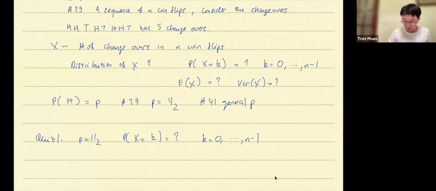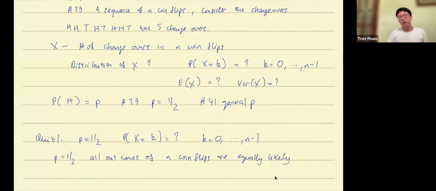When you have P equals 1/2, first of all, P equals 1/2 means any sequence, all outcomes of the coin flips are equally likely, because the coin's fair.